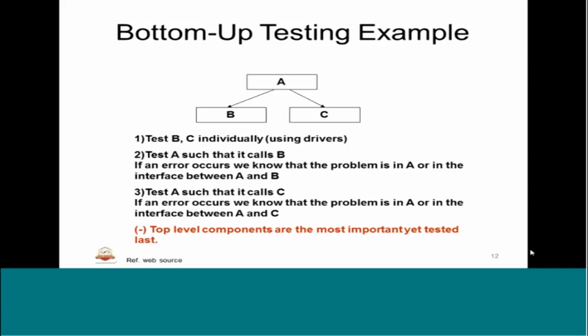Basically, we develop test drivers for B and C. So we test B and C individually, then we test A such that it calls B. If there is any error, we know that the problem is in A or in the interface between A and B. Similarly, we test A and develop the driver such that it calls C. And if there is an error, it has to be in A, or the error could be between A and C.